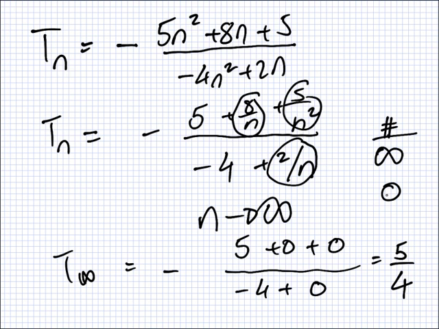That's 0. So 8 over infinity is 0, 5 over infinity is 0, and 2 over infinity is 0. So n is considered as infinity. Yeah, you make n as if it's infinity. So what's the meaning of compute? Calculate.